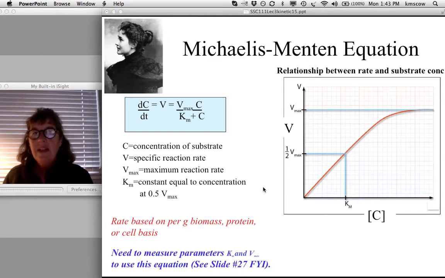So Michaelis-Menten describes the relationship between a rate of substrate utilization and the concentration of the substrate.